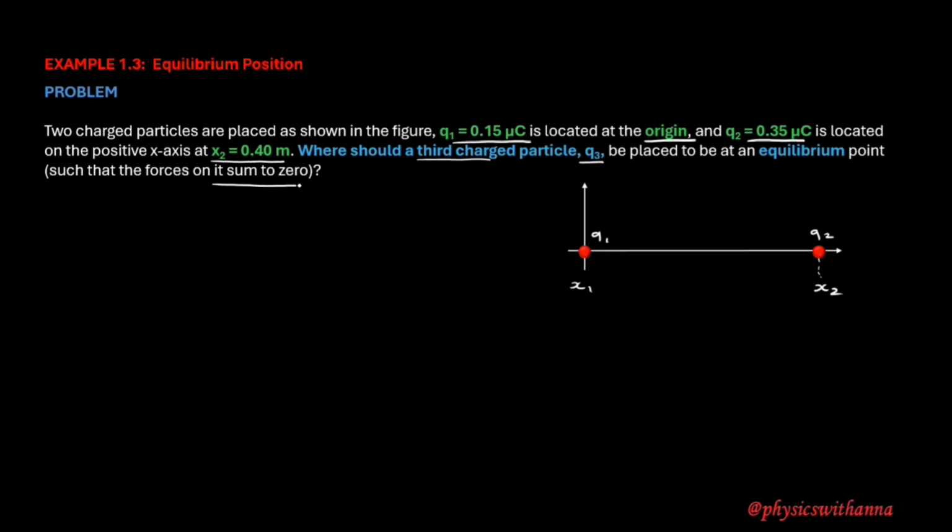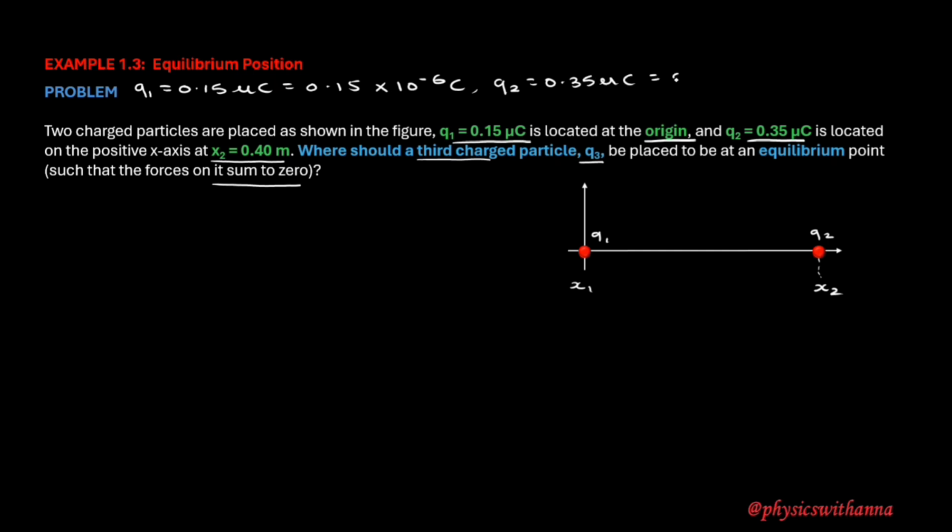Where should a third charged particle Q3 be placed to be at an equilibrium point such that the forces on it sum to zero? So here you have two charged particles Q1 and Q2 with magnitude of charge Q1 equal to 0.15 microcoulomb, which we can write as 0.15 times 10 to the power negative 6 coulomb. Same with charge Q2, which is 0.35 microcoulomb.